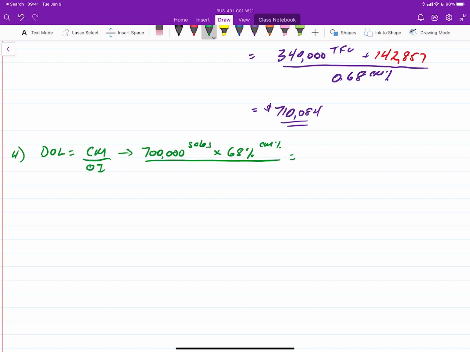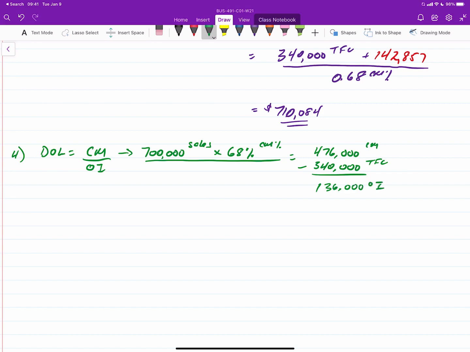Now, this will result in a contribution margin of $476,000. And then if I subtract my fixed costs of $340,000, I'll end up with operating income of $136,000.